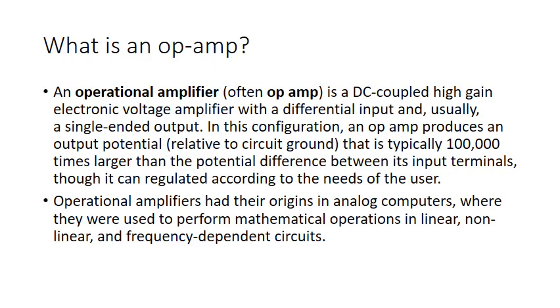So, what is an op-amp? An operational amplifier, or op-amp, is a DC-coupled high-gain electronic voltage amplifier with a differential input and usually a single-ended output. In this configuration, an op-amp produces an output potential relative to the circuit ground that is typically 100,000 times larger than the potential difference between its input terminals, though it can be regulated according to the needs of the user.